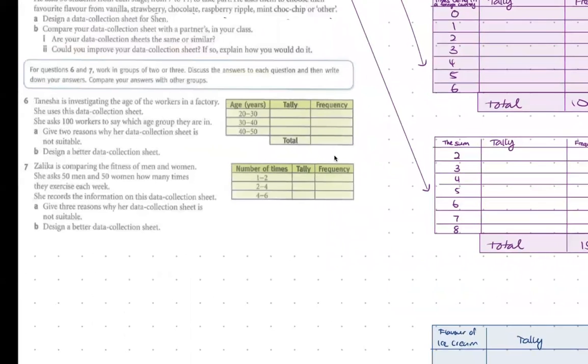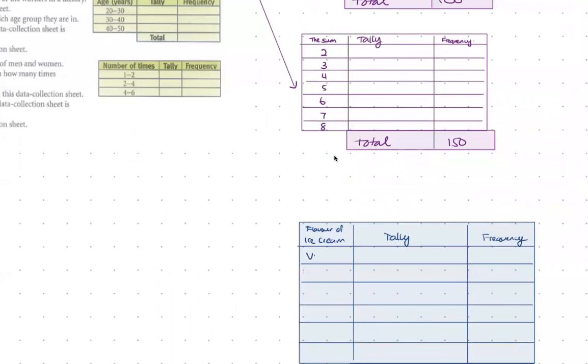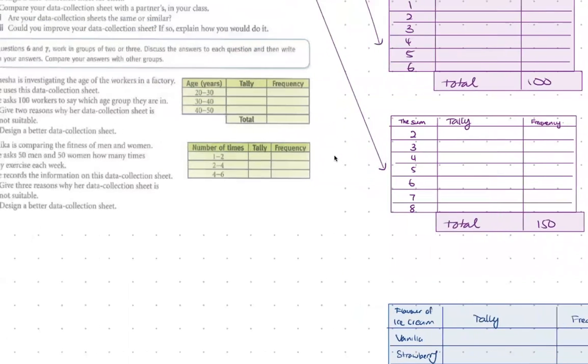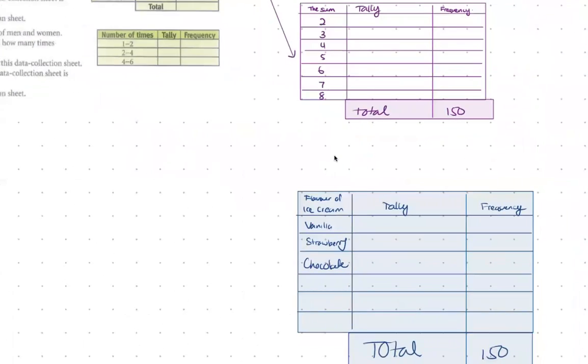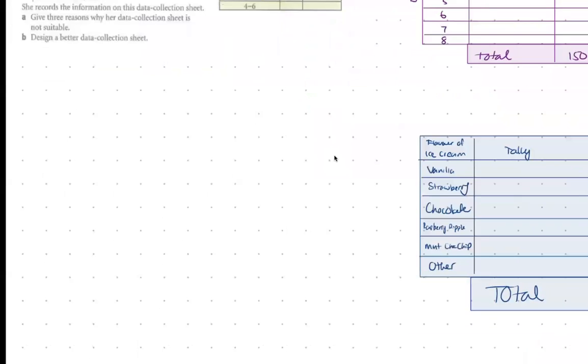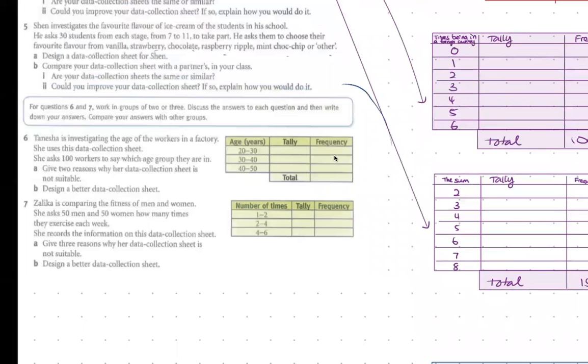So we got vanilla, strawberry, chocolate. Raspberry ripple, mint chocolate chip. And other. And that is for number 5.